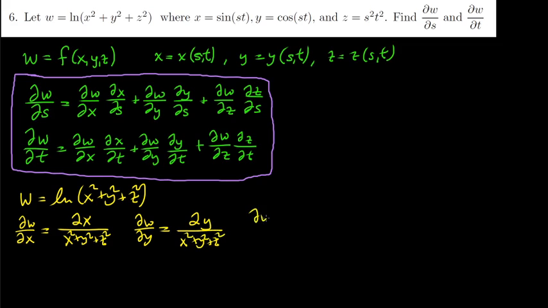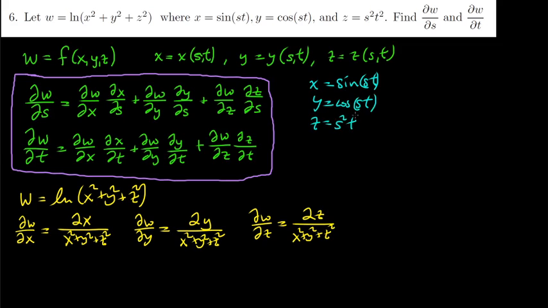And then the partial of w with respect to z is going to be 2 times z over the same x squared plus y squared plus z squared. And I forgot to write down what x, y, and z are. x is just sine of s times t, y is cosine of s times t, and z is s squared plus t squared.